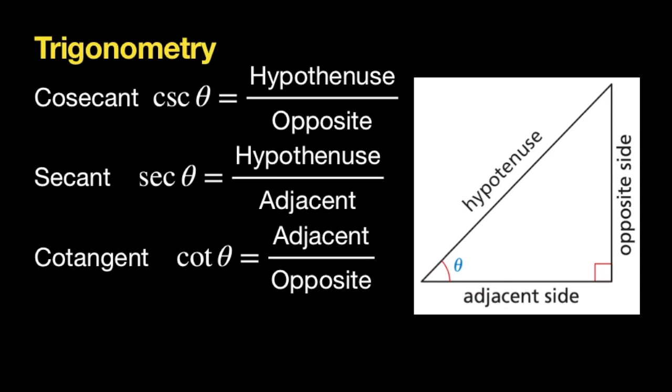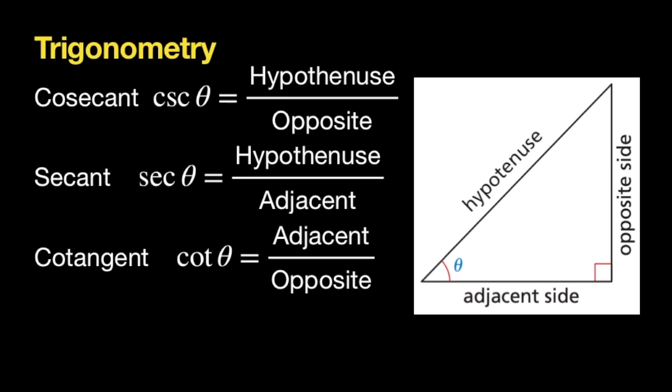Apart from the main three, we also have cosecant, secant, and cotangent. Cosecant is related to sine, and we can see that instead of being opposite over hypotenuse, you only need to flip that fraction because it's going to be hypotenuse divided by the opposite side.